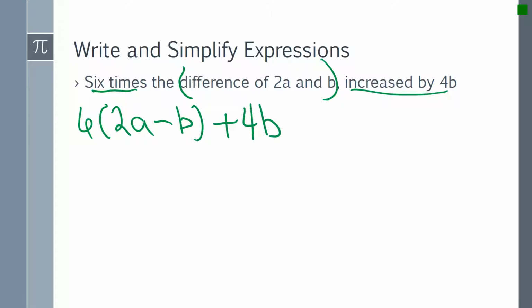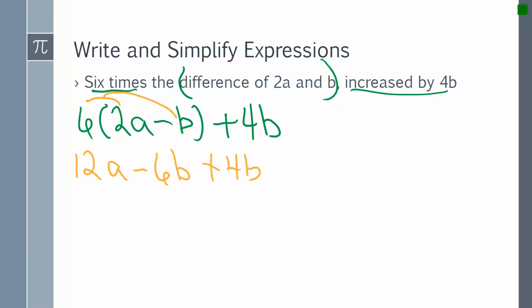All right, let's go ahead and simplify this. We're going to start by using our distributive property. And so we've got 6 times 2a gives us 12a. And 6 times negative b is going to give us negative 6b. Distributing this to this. And here we got plus 4b. Okay, now we're going to look to see, okay, what terms can we combine?